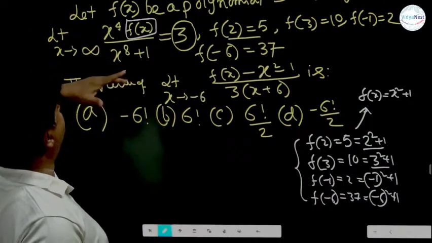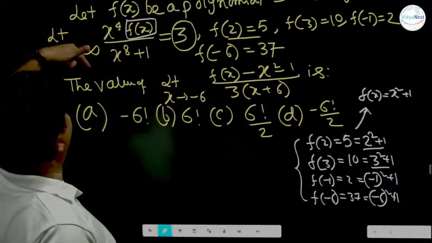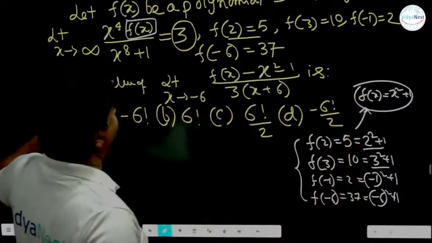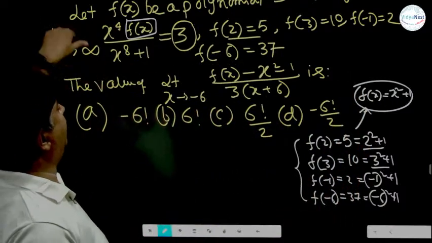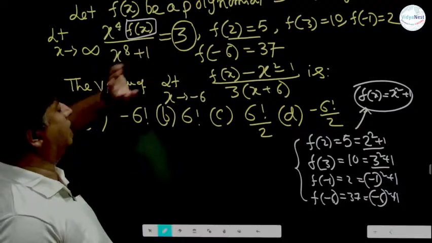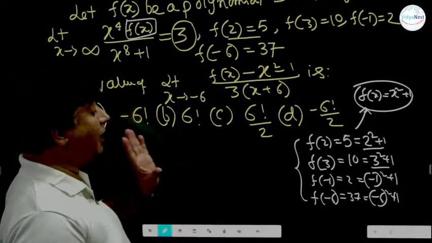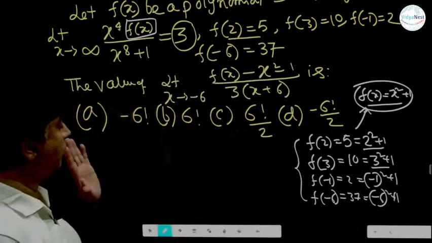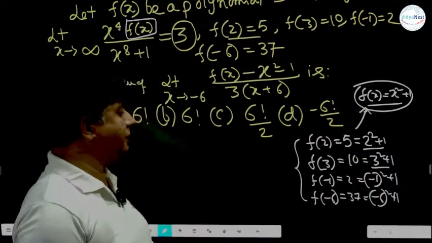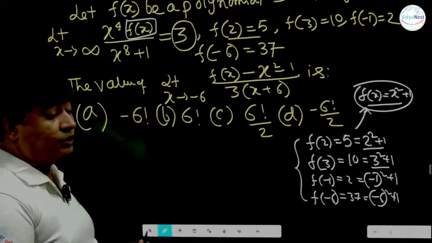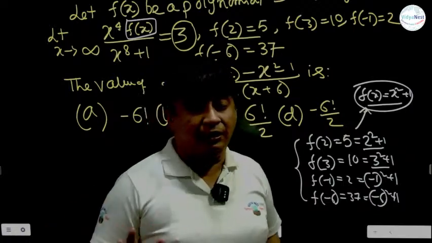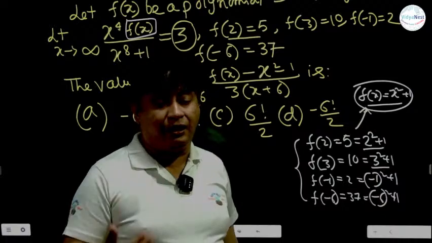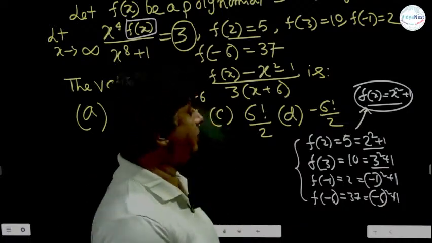So if you apply x equal to infinity in this limit, considering this as the function, then you will get an infinite value, which contradicts the result 3. So what is the function? Then to get the value of the function, you have to reel back to the past, means the division algorithm which you were taught in class 9 or 10 in polynomials has to be recalled again.